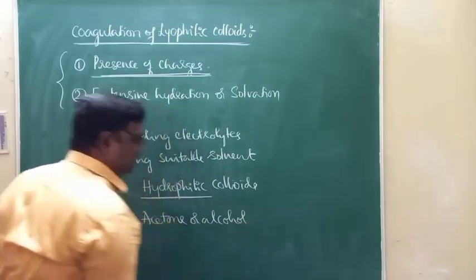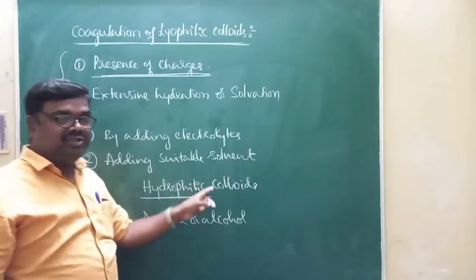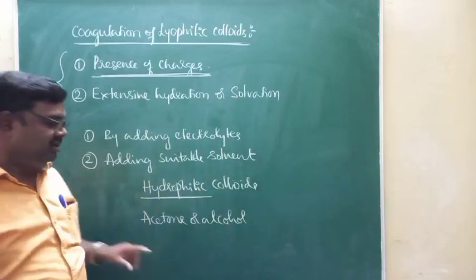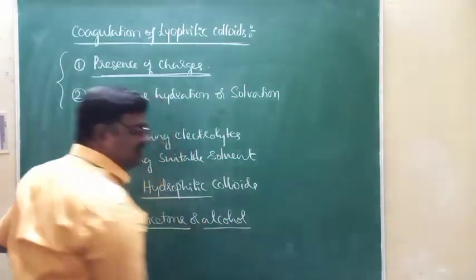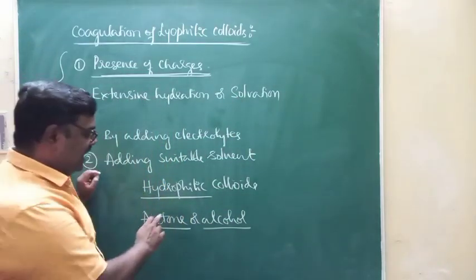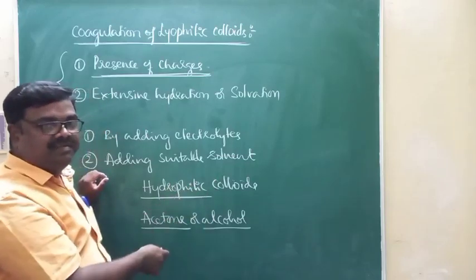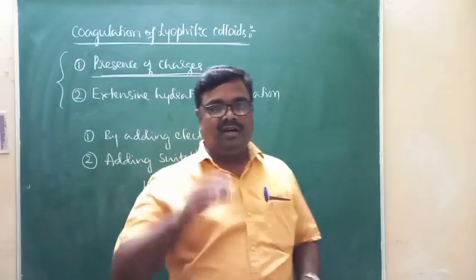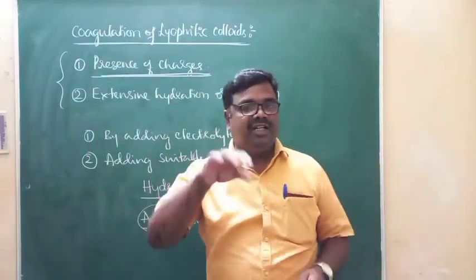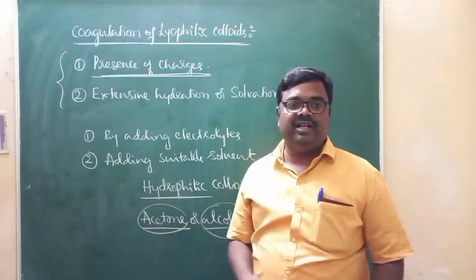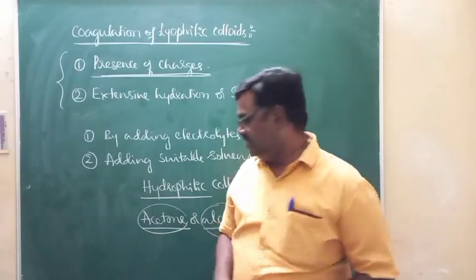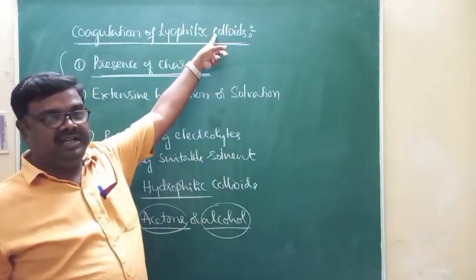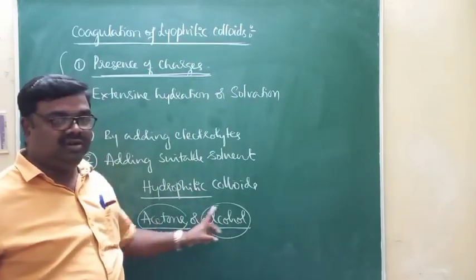If I add acetone or alcohol to the hydrophilic colloids, these solvents are going to remove the sheath of dispersion medium around the dispersive phase particles by dehydration of the particles. That means the effect of hydration of colloidal particles in lyophilic colloids can be removed by adding acetone or alcohol.